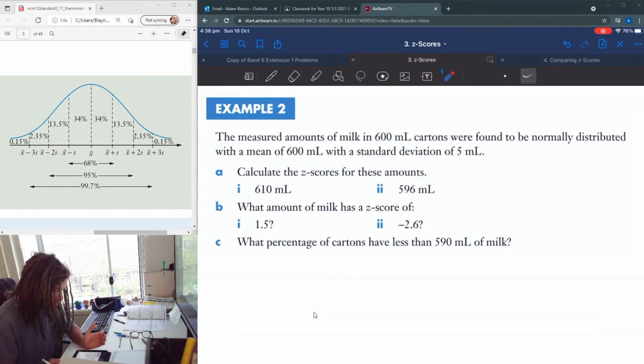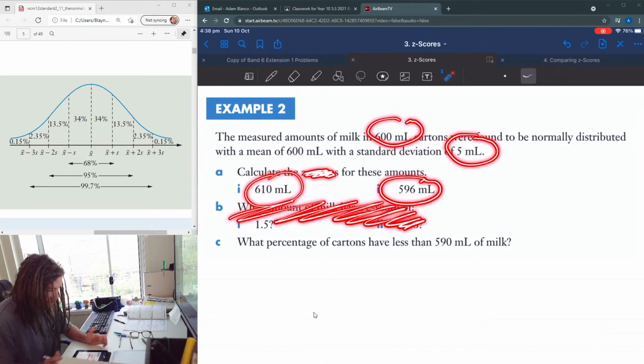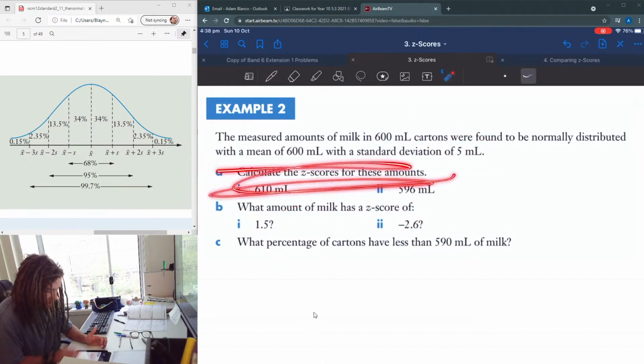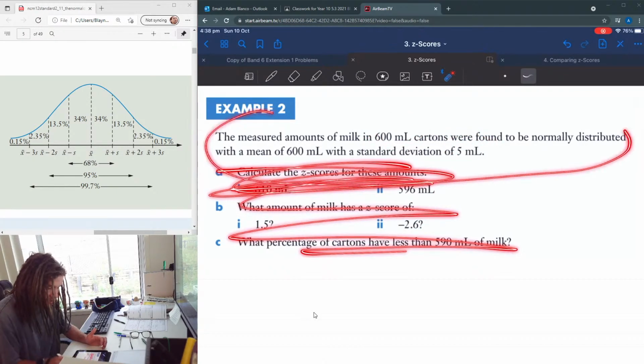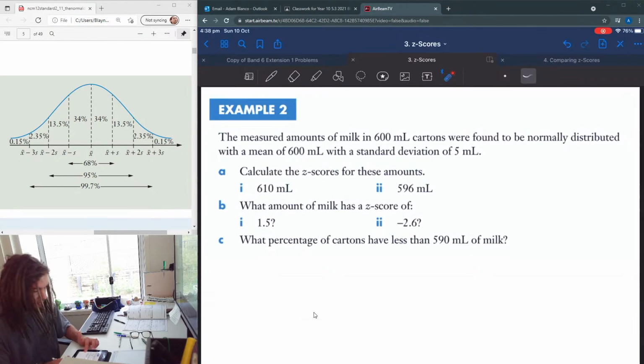Okay, so this is the only example we're going to do, but this is something we could have, minus this question, kind of. We could have calculated where these are on our normal distribution. So if the mean is 600 and the standard deviation is 5, then I don't pretend this doesn't exist. This question we were asking last lesson, or the last 2 lessons, we can just draw this anyway, and that's how I would approach this question regardless.